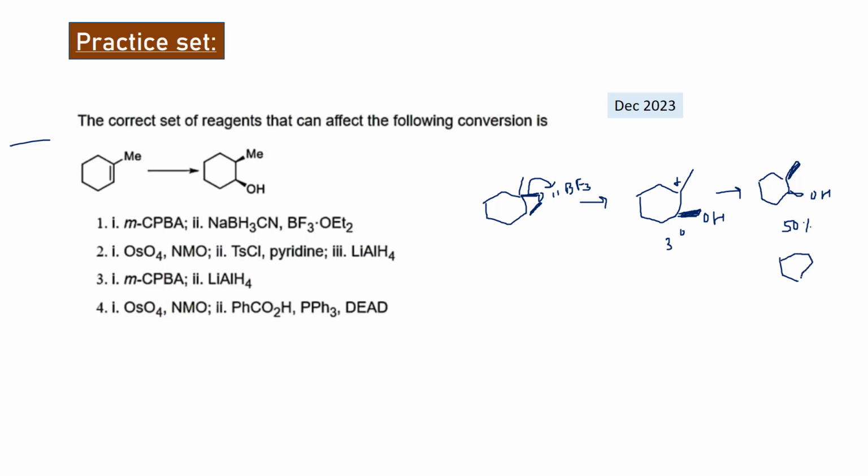Because there is a formation of carbocation, H minus can approach from either side of the plane. Okay, so 50% of this one, 50% of this one.